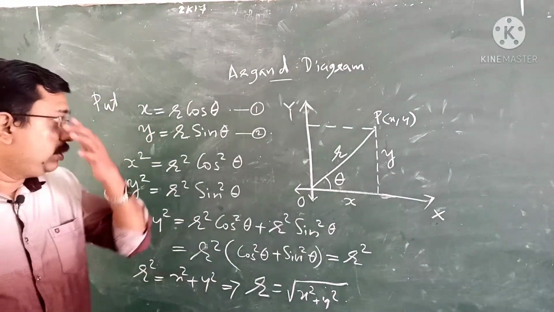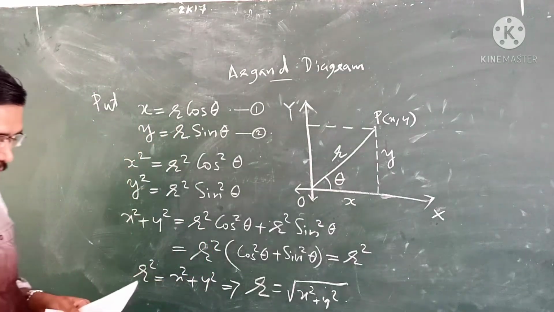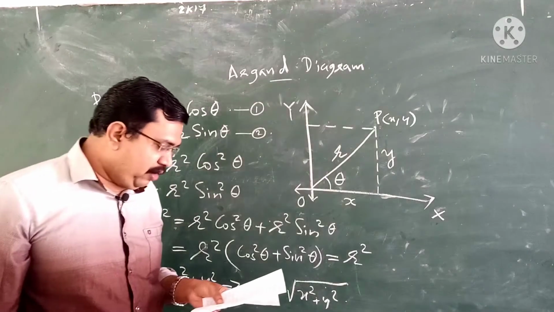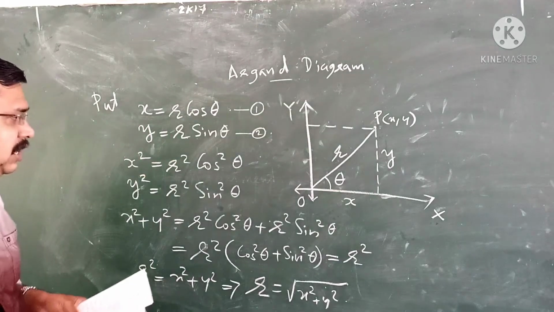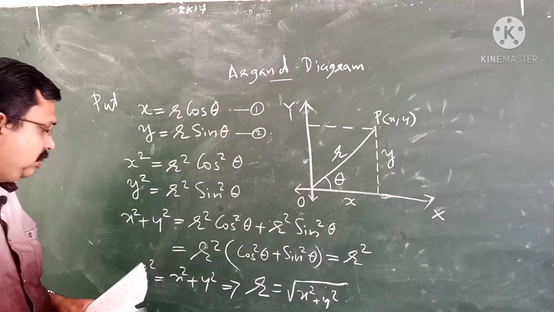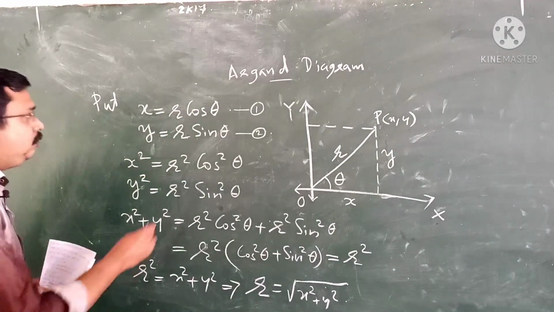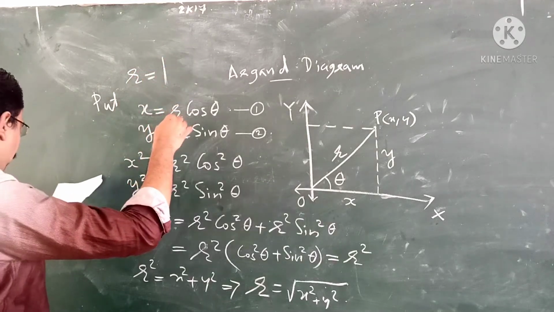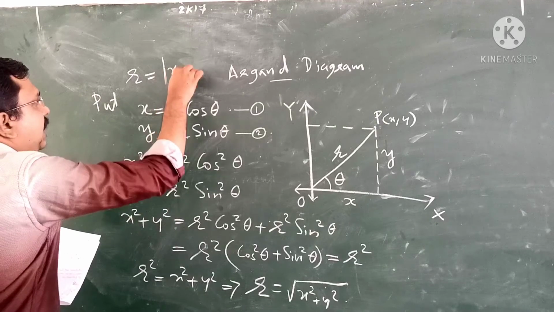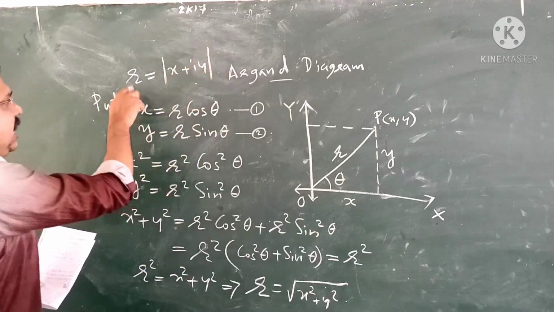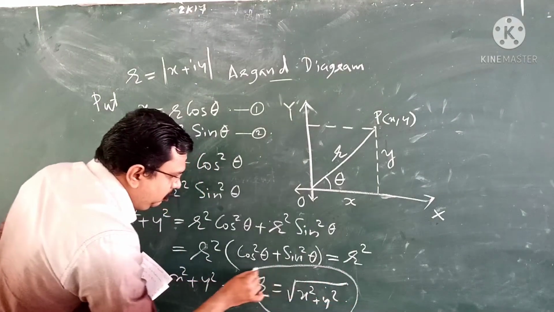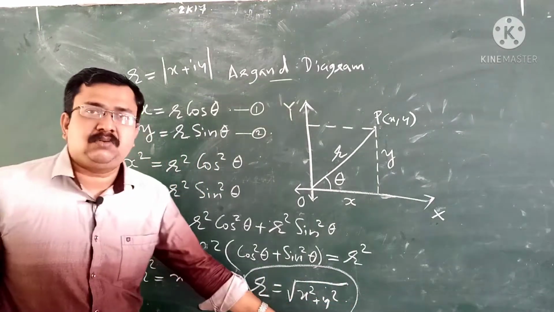Got the idea? This r is called the modulus or absolute value of the complex number x plus iy, and is denoted by r equal to modulus of x plus iy. r can be calculated by using the equation r equal to root of x square plus y square.